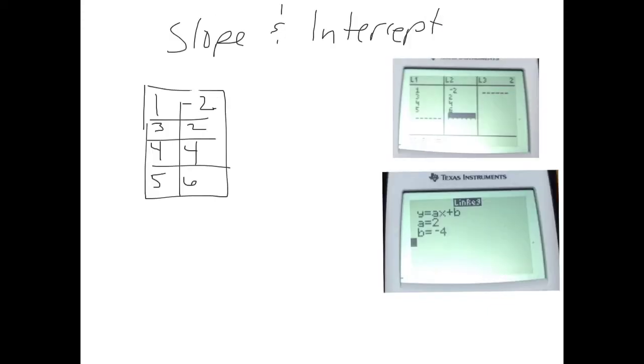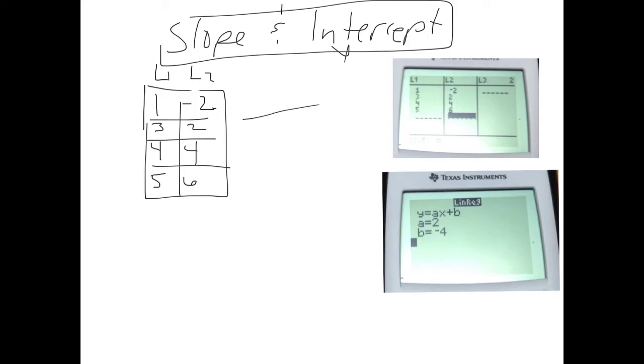Okay. If I'm trying to find the slope or the y-intercept from a table, I'm always taking these and doing L1, L2. You push stat 1 to get to the table. Once you get the table, you enter in the x's on this side and the y's on this side. Then you push stat again, your right arrow.